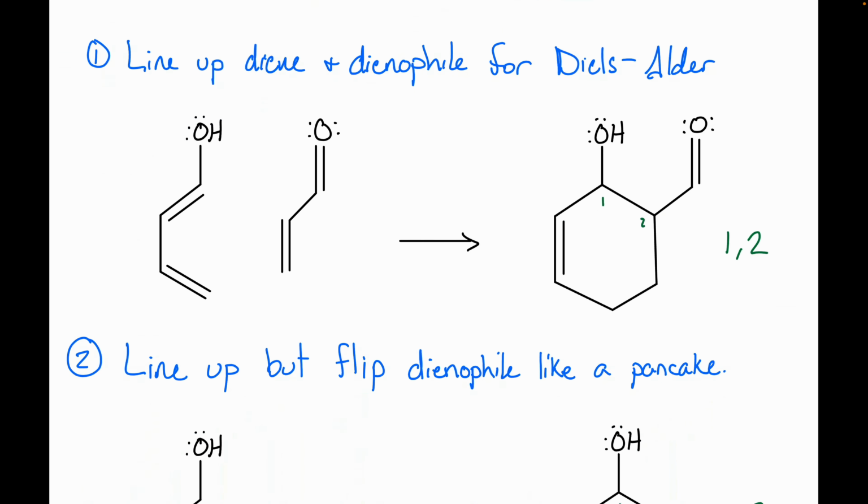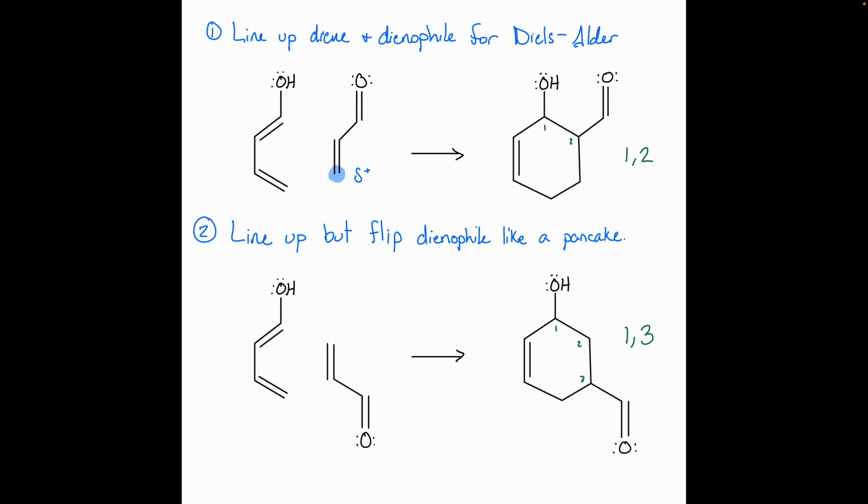We're going to note that this carbon right here has low electron density. Let's actually just give it a partial positive charge. All right, if I did the same thing on my other orientation, it would be this carbon here, the one at the end again, that has that partial positive charge.